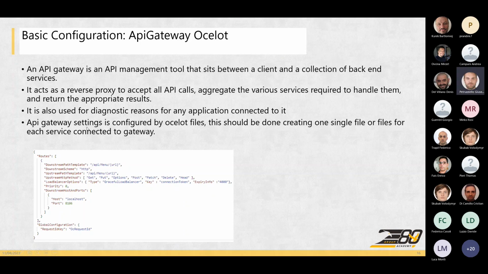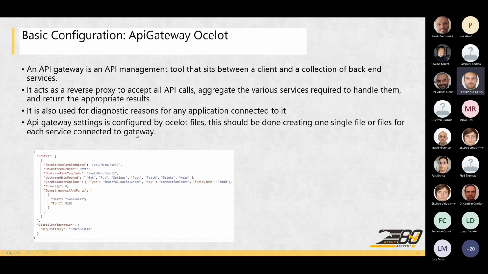About the settings, the API gateway is configured by Ocelot files. This should be done by creating one single file for each service connected to the gateway.